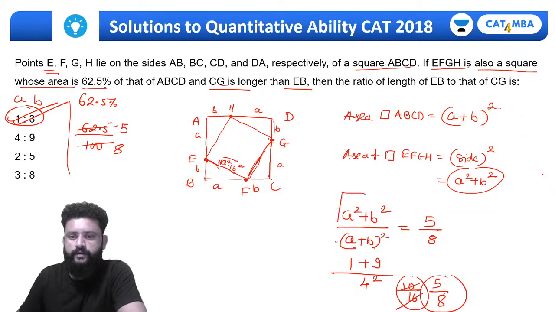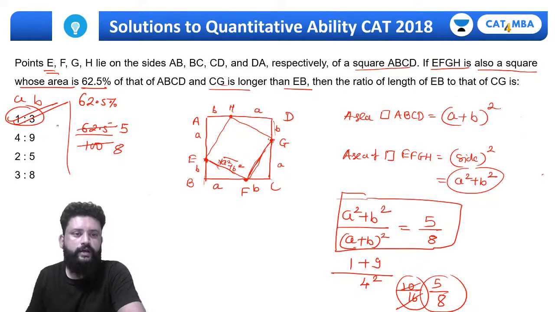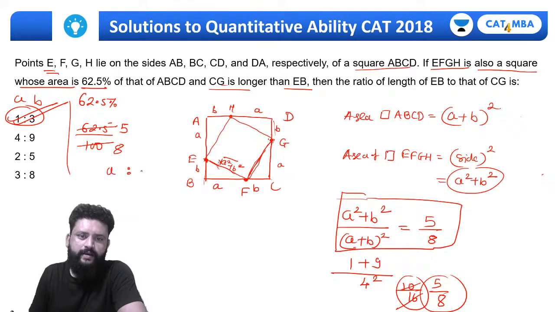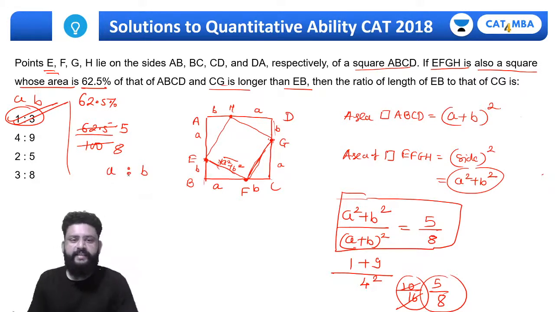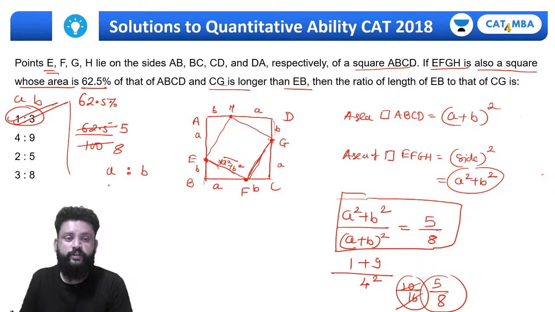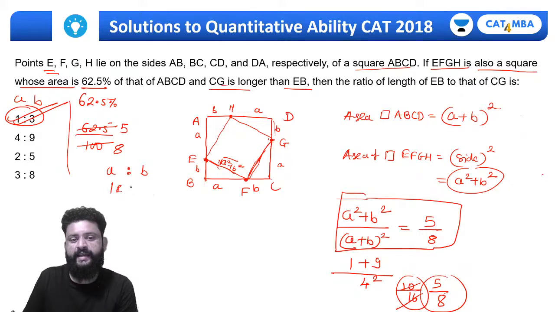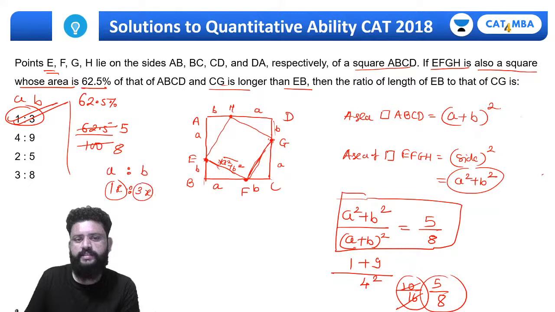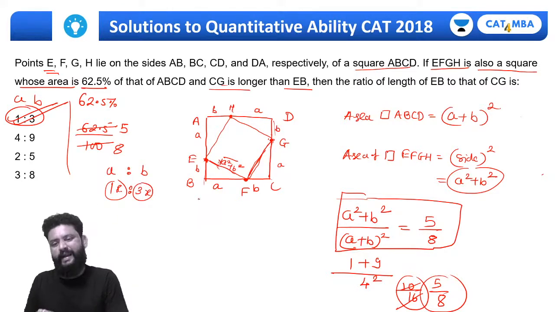So the best way, get this equation and try to put the values from the answer options, then definitely you will get it. Why is this working? If I take a as 1 and b as 3, that is actually not the right thing to do, because that is not the actual value. You may say these are actually 1x and 3x.